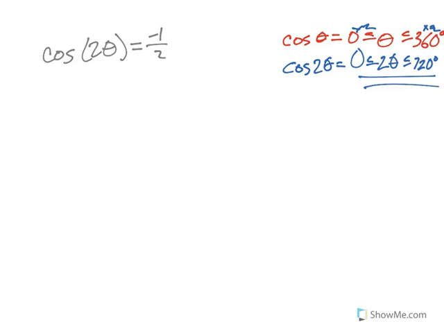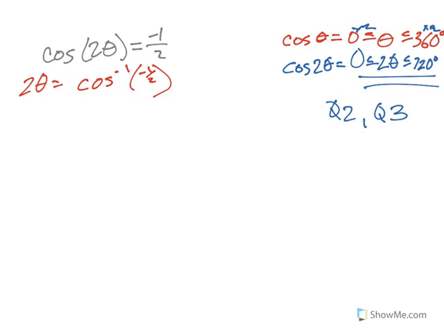So when I look at this, now I go over and say, okay, I have cosine and it's negative. Where is cosine negative? Well, quadrants 2 and 3. Great. So where is cosine -1/2? That's our question, right? You could also, if you need to, use your calculator, inverse cosine of -1/2.